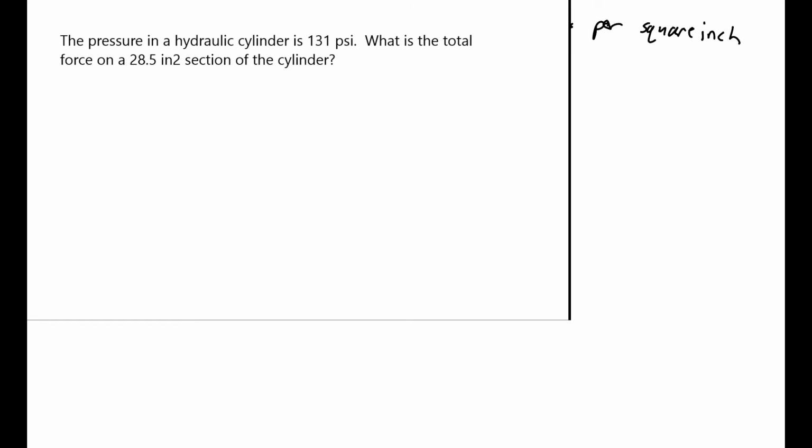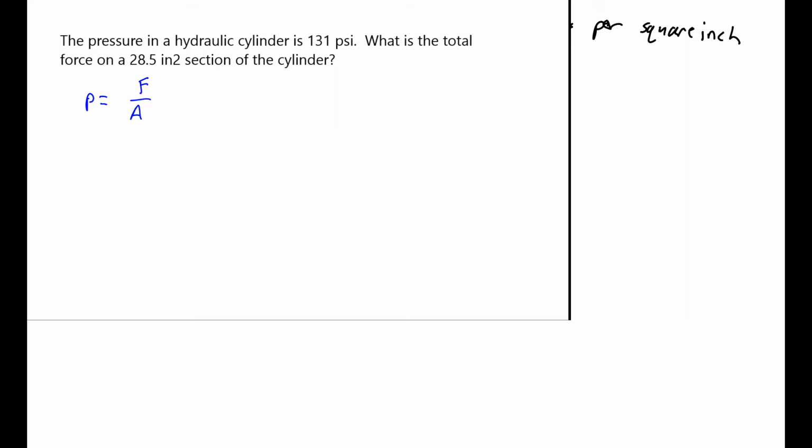Alright. The pressure in a hydraulic cylinder is 131 psi. What is the total force on a 28.5 inches squared section of the cylinder? So what equation are we going to use for this one? Yep, pressure equals force over area.